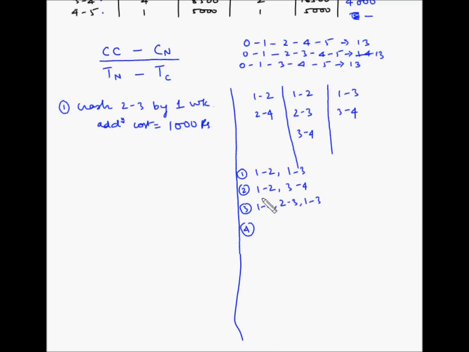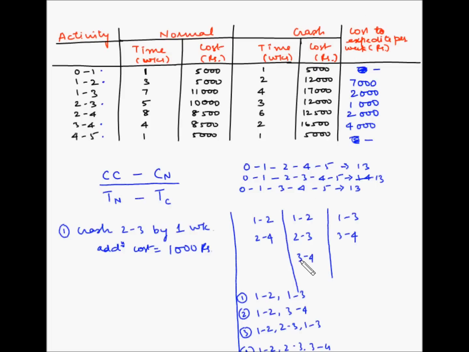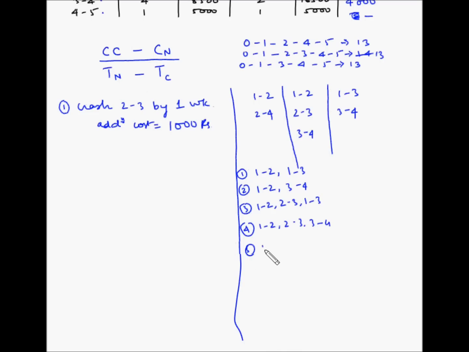Then next 1 2, 2 3 and 3 4. So now we have completed 2 3. So now let's go to the next, which is 3 4. So 1 2, 3 4 and 1 3.